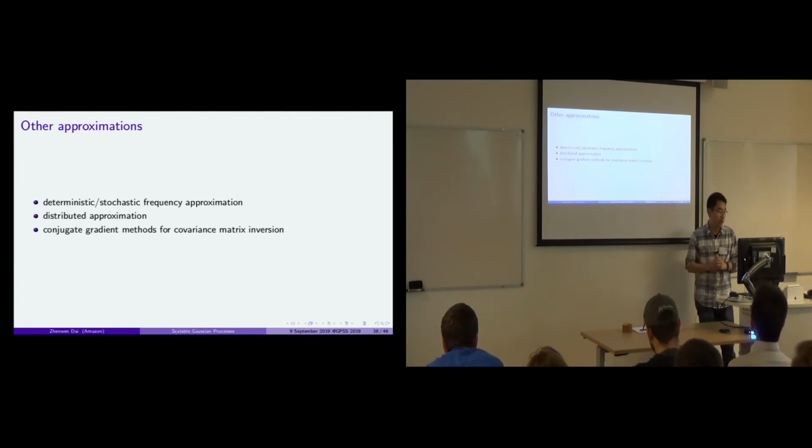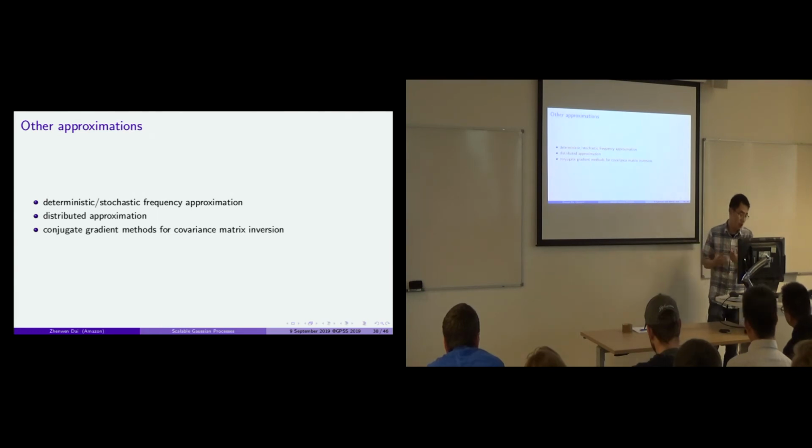This is a family of methods that use the conjugate gradient method for solving linear equation systems, applied to Gaussian process calculations, which also works quite well. Examples are methods like KISS-GP, or nowadays a library called GPyTorch. I just want to mention that many other types of approximations exist.